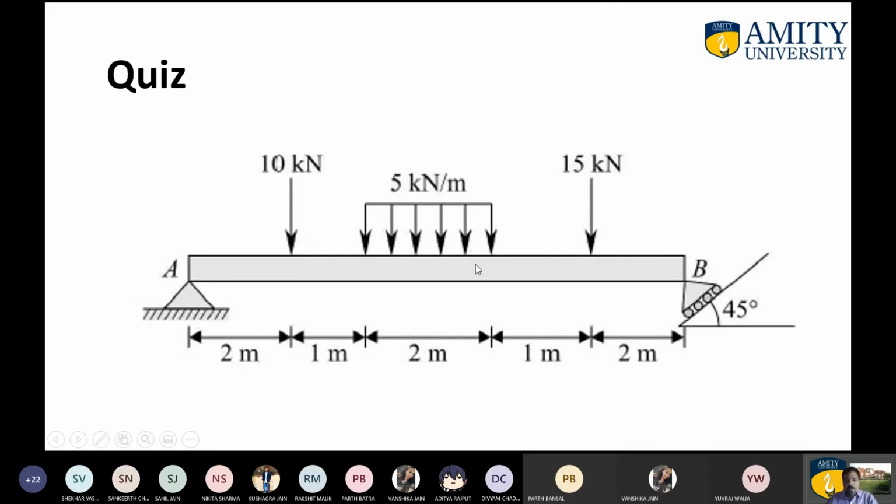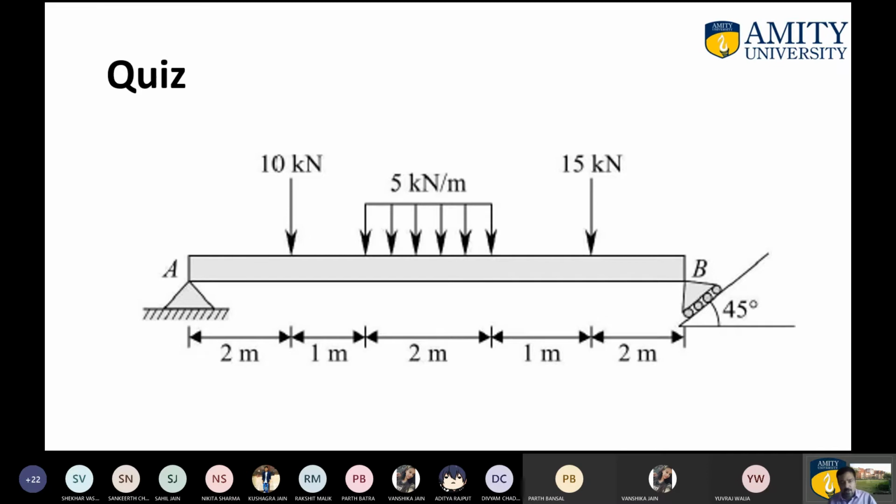So now you are required to solve this question very quickly. I am giving you 10 minutes. All of you are required to draw this question on your copy. Take the help of a calculator and try to solve it. After that, I will see the copies of students randomly.